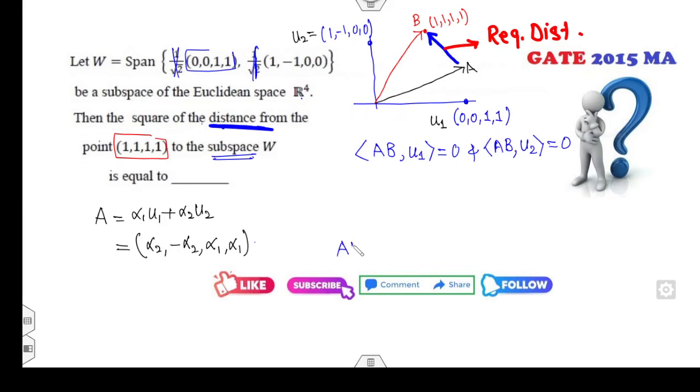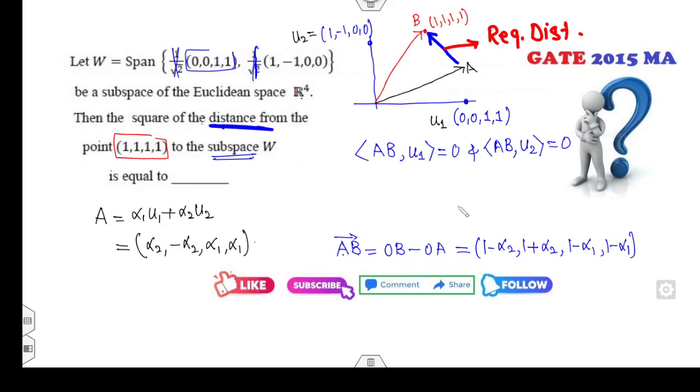So firstly, what is AB? If you look at the diagram, I can write this vector as OB minus OA. What is OB? 1, 1, 1, and vector A, the position vector of B minus the position vector of A. So that will be 1 minus alpha 2, 1 plus alpha 2, 1 minus alpha 1, 1 minus alpha 1. Fine.